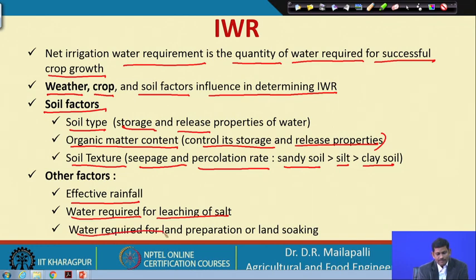And there is the water required for land preparation and land soaking, an additional amount of water required for field preparation. Not only for giving water to the crop, but also for preparing the field for favorable soil conditions for the plant, and that water is also included in the irrigation water requirement.